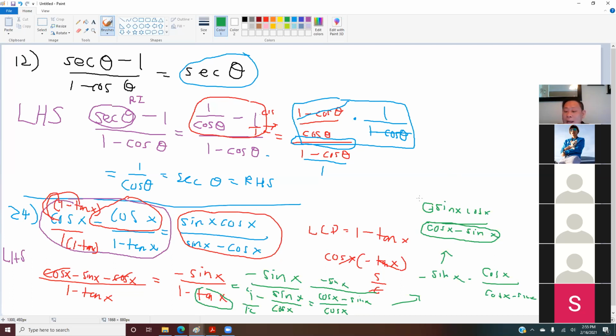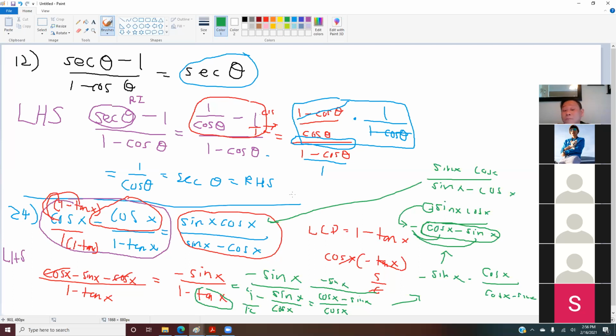So you can apply the negative to the bottom. So what happens when you apply the negative to the bottom? You get sine x cosine x over, do you know what happens when you multiply negative to these two? You become sine x minus cosine x, which is the same as this side.